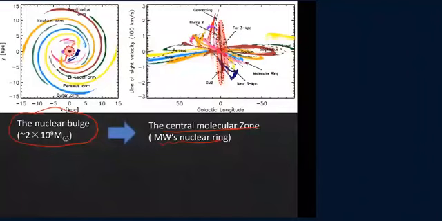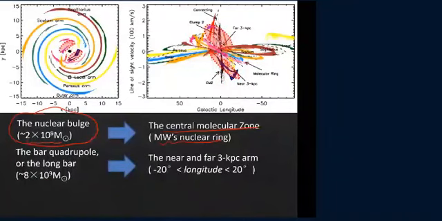This nuclear bulge is like the nuclear disk in our Milky Way. The point is that you need a higher central concentration to produce such a central molecular zone. We also found that the bar quadrupole moment, or the long bar part, is responsible for the creation of the near and far 3 kpc arms in this region.